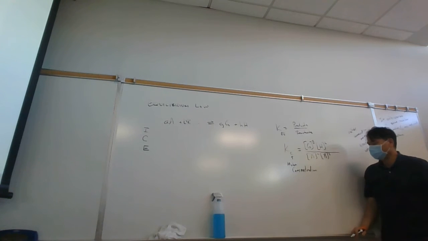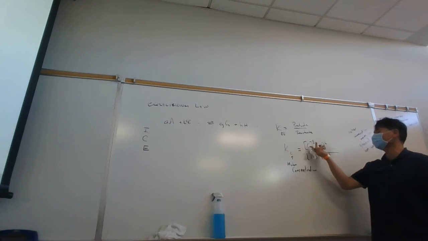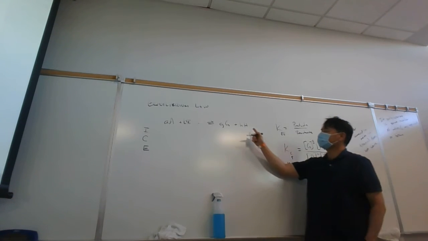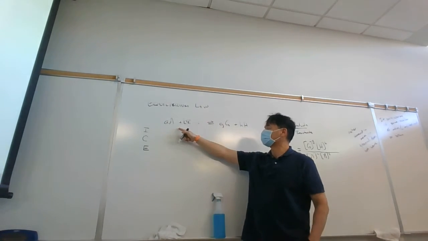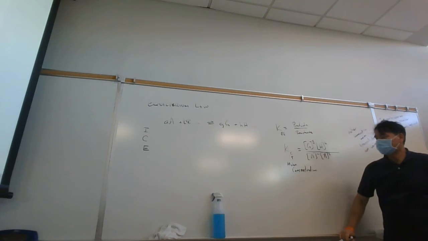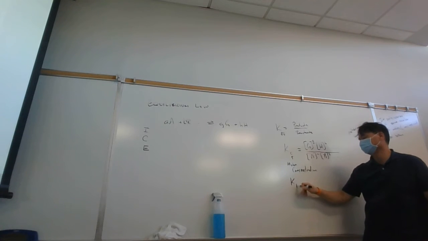Molarity and concentration are related. If we have gases, then we have a choice. If we have solutions, we use aqueous here. If we have gases, we can express that in terms of molarity, or we can express that in terms of partial pressure.